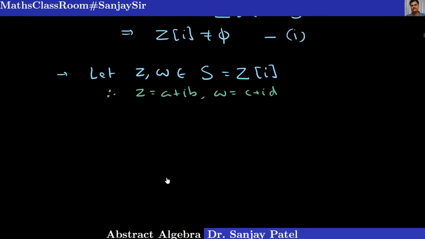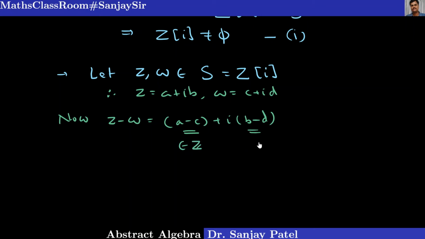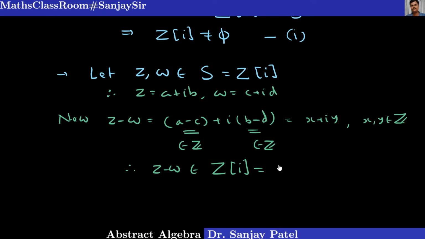So what I want to prove is Z minus W. If I take Z minus W, then you know how to subtract these complex numbers. We get a minus c plus i times b minus d. This and this both are integers. This belongs to Z and this also belongs to Z. So Z minus W, which is of the form x plus iy, where x and y also belong to Z, is an element of the set Z[i], which is S.